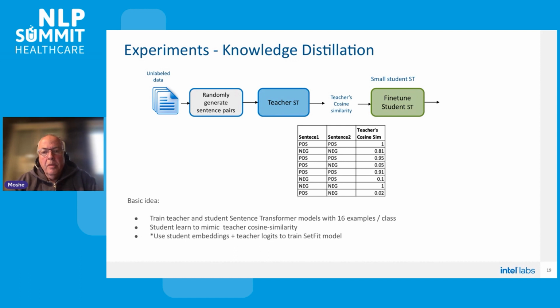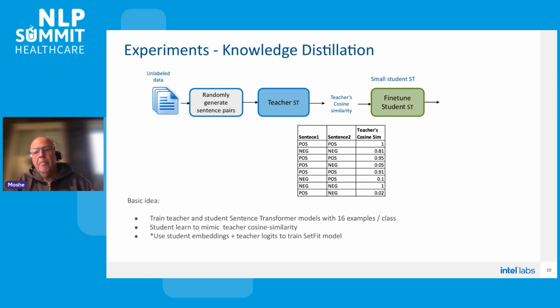For this purpose, we tested SetFit in a distillation scenario, where the teacher model was SetFit based on MPNet, which is the 100 million parameters, and the student model was based on the MiniLM sentence transformer, which contained only 15 million parameters. So it's about 7 times smaller than the teacher, which is MPNet.